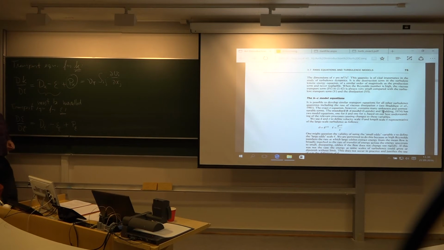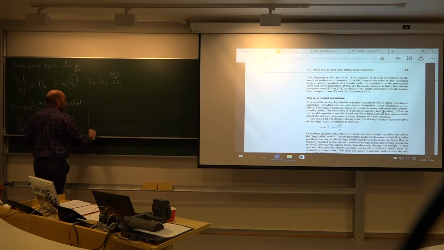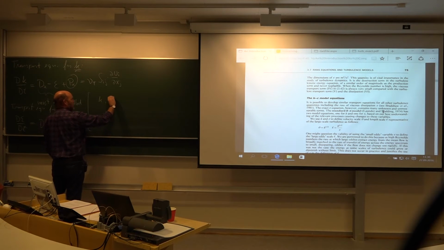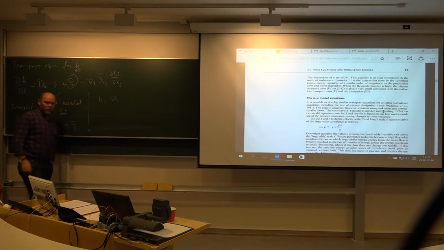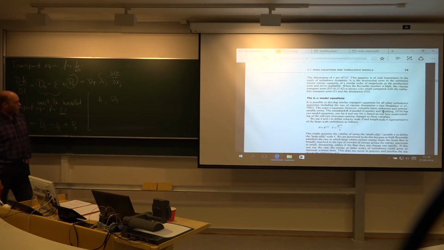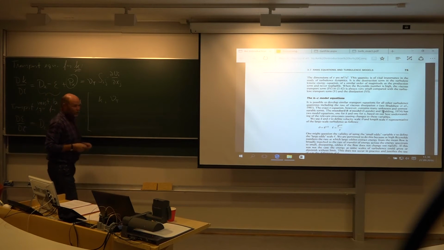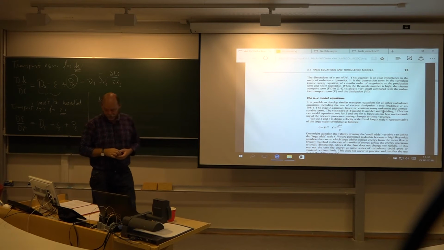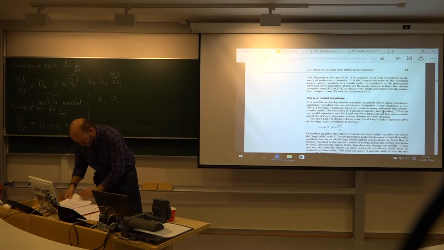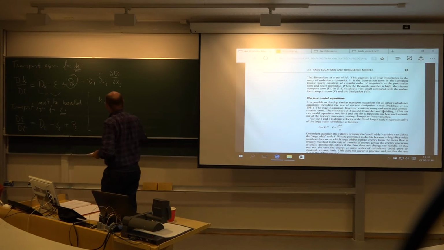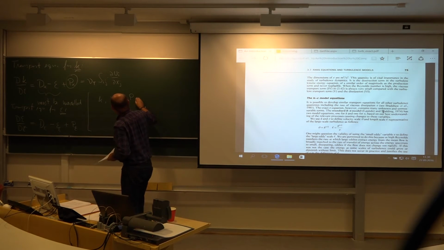Remember, inside the Navier-Stokes, what did we have? Well, we had the K, and we had the eddy viscosity. We didn't have any epsilon. So something is missing here. Of course, you need the epsilon because it enters into the K equation. But nobody has told us now what to do with the eddy viscosity. And for short, the coupling is given by Prandtl-Kolmogorov.